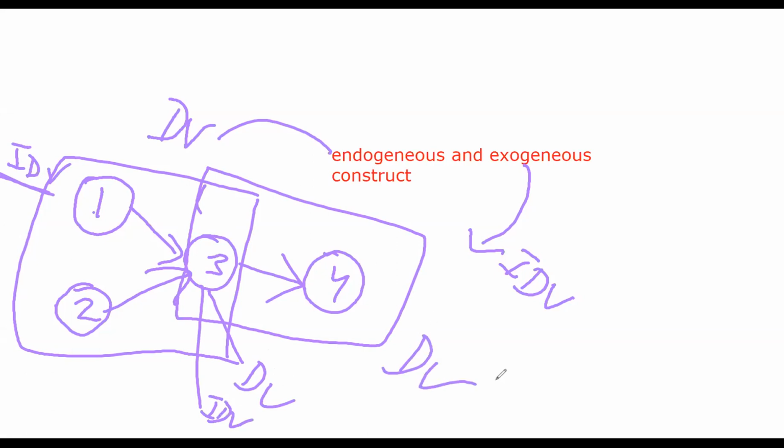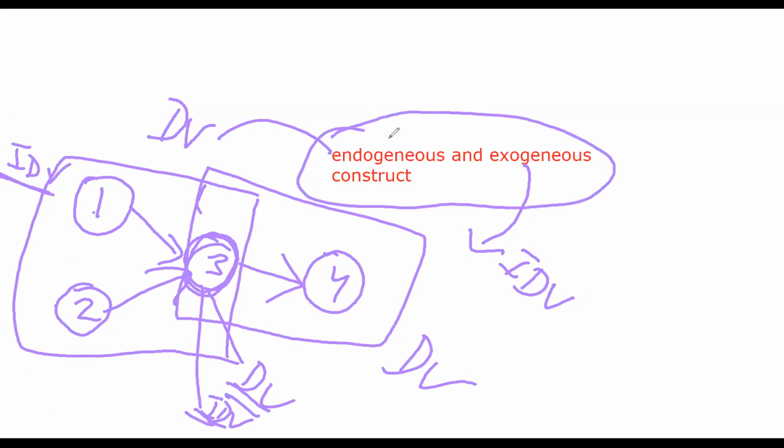Under this situation, when a variable is acting as both IDV and DV, we use the terms endogenous construct and exogenous construct. There are four different variables: 1, 2, 3, and 4. In the first box, the relationship among 1, 2, and 3, variables 1 and 2 are acting as IDV, but 3 is acting as the dependent variable.